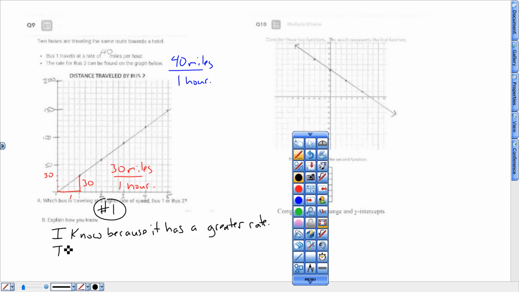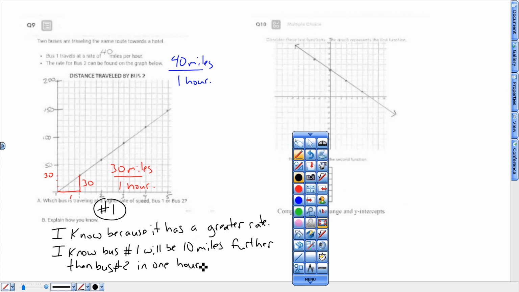You could say, I know bus number 1 will be 10 miles further than bus 2 in an hour. So if they were both driving an hour, bus number 1 would be 10 miles further down the road than bus number 2. I know because bus number 1 has a greater rate of change. All those things you can say.